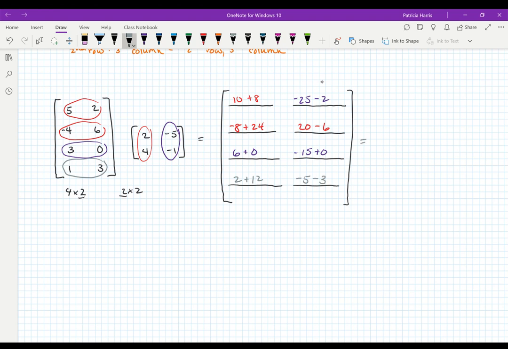Beautiful. So if I work that out, and then we're all done. Okay? So as soon as you give yourself some time to get used to it, it's not so bad. Okay?